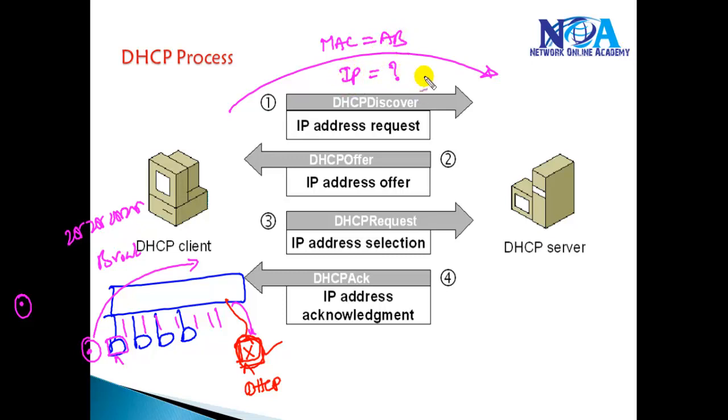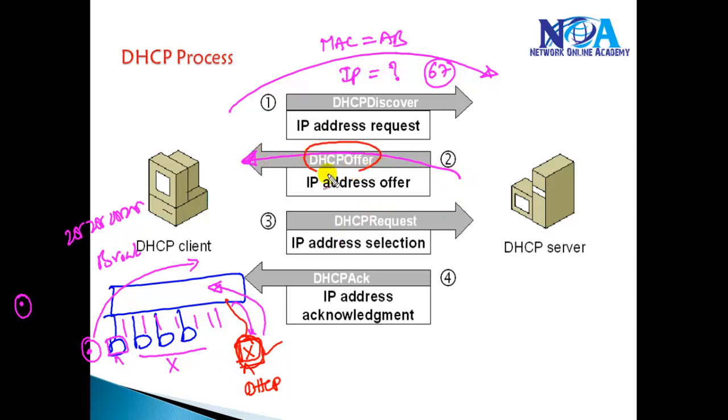It sends on port number 67, which is the DHCP port number, and DHCP listens on that port. All the remaining devices simply ignore it, because they are not running DHCP, whereas the DHCP server responds to that discover message with the second message, which we call the offer message.